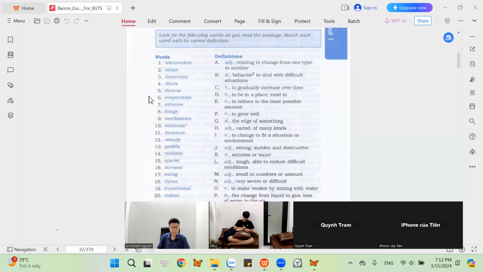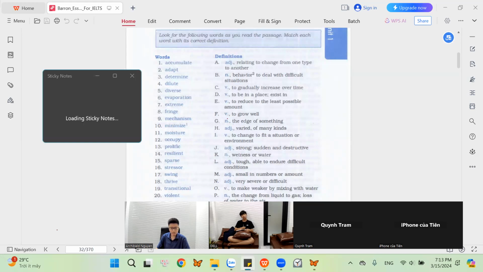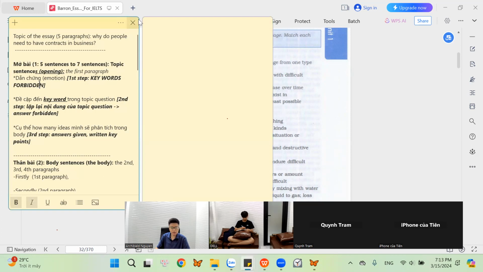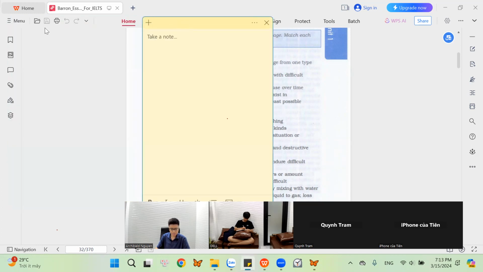Once again, let's use the word accumulate together or accumulate all together. Here we have accumulate two things together or accumulate several things all together.